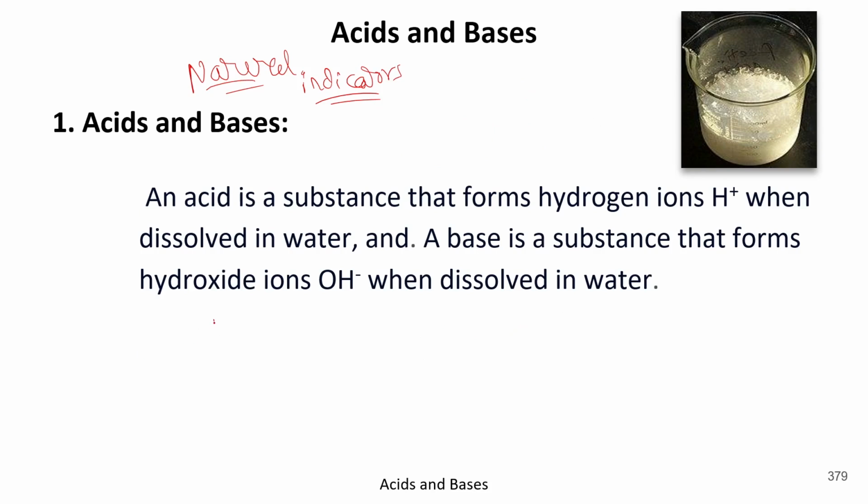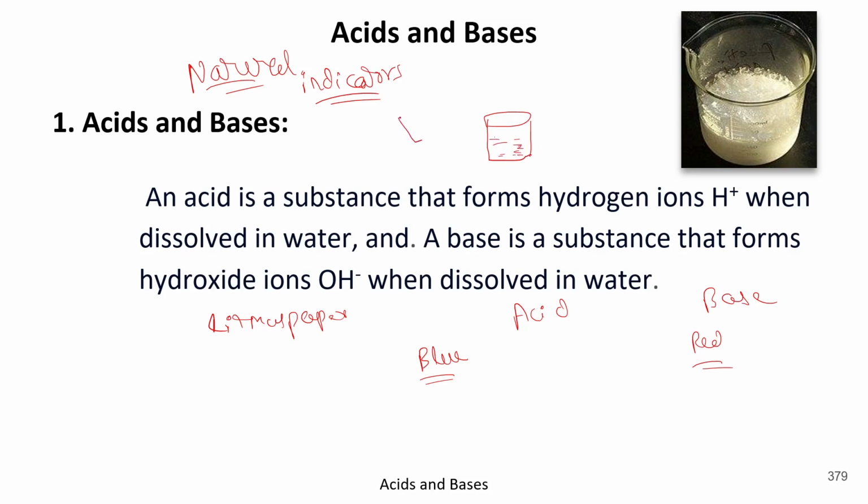For litmus paper, for acid we generally use blue litmus paper, and for base we generally use red litmus paper. Suppose it's a beaker in which a substance has been placed, and this is your litmus paper.